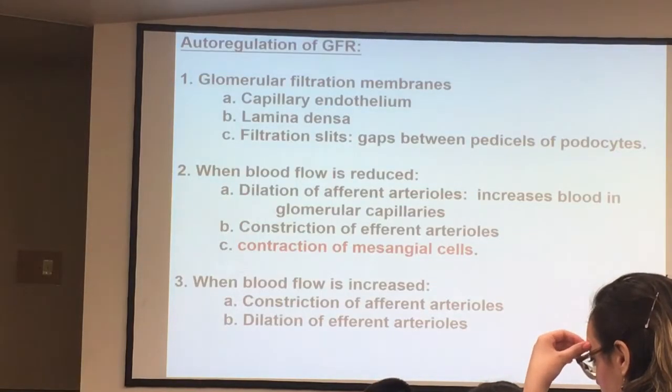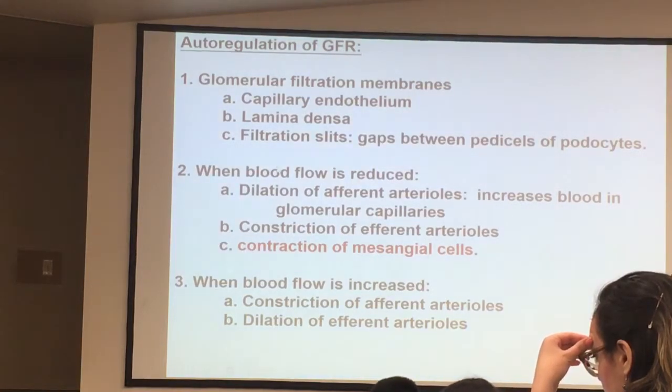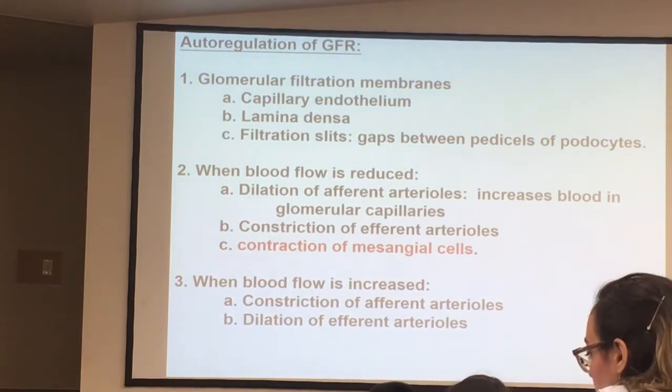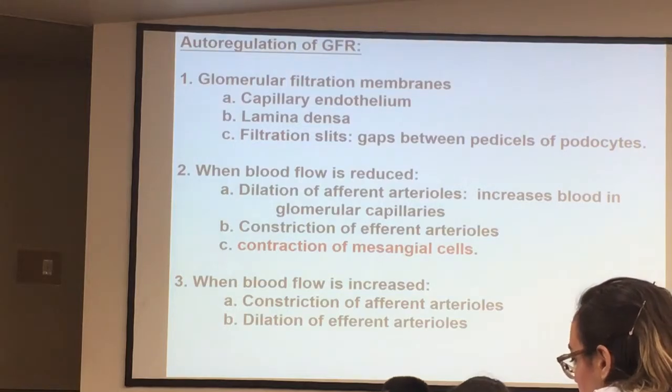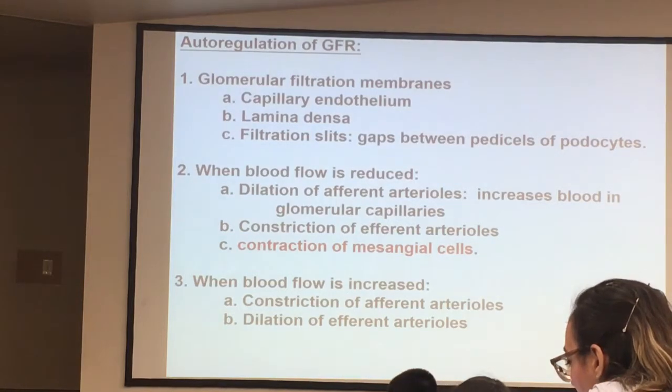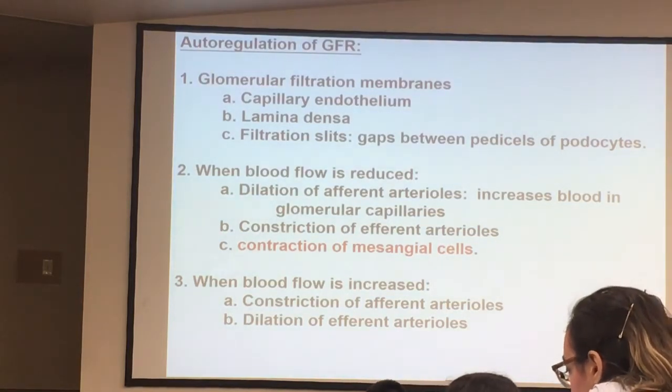The other factor is if the blood flow is reduced, I mean the afferent arteriole sends the blood to the glomerulus slowly. How do we adjust? Because the blood flow slows down, that means our total body volume is lost. We lost some water or some blood, but we still have a high concentration of urea.